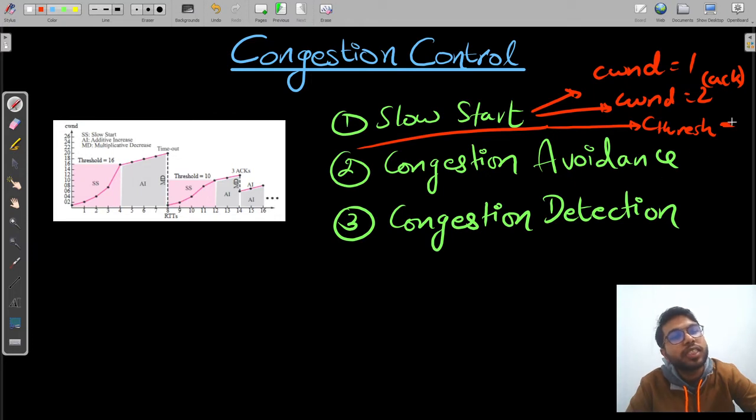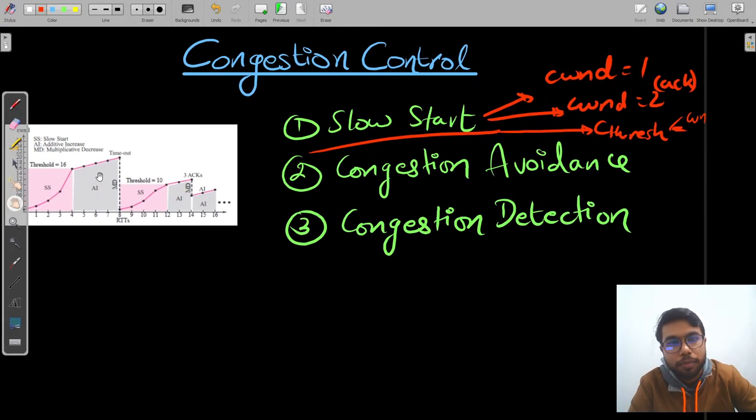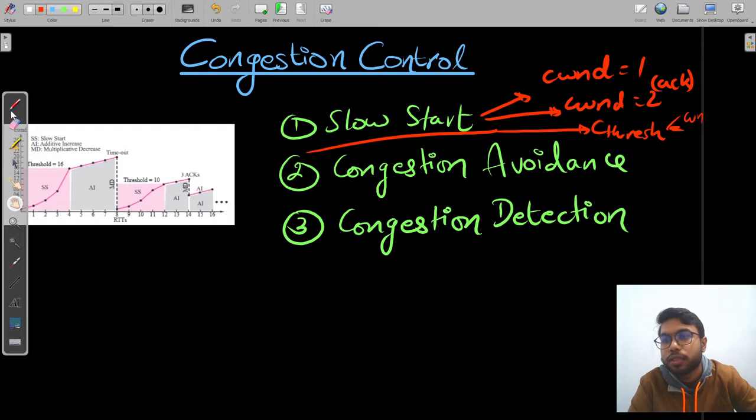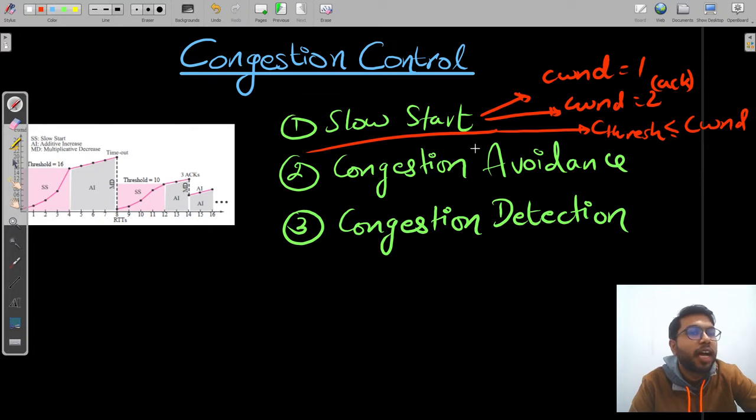Whenever my threshold becomes less than or equal to my window, I move on to my next stage, and that is your congestion avoidance.